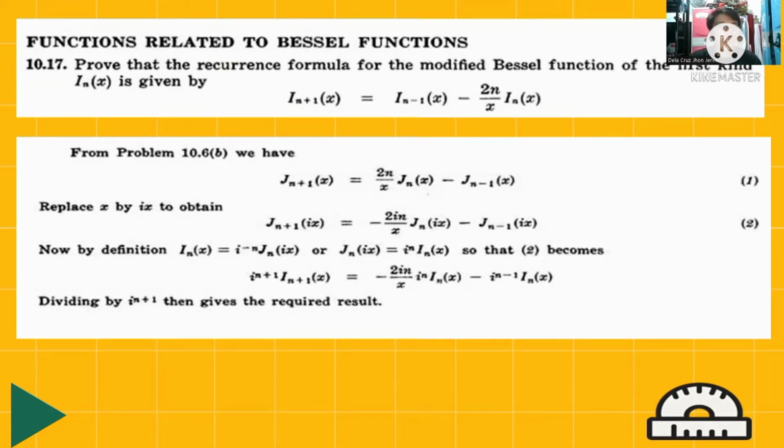Now, by the definition, I_n(x) equals i^(−n) J_n(ix), or J_n(ix) equals i^n I_n(x). So equation 2 becomes i^(n+1) I_{n+1}(x) equals negative 2in/x i^n I_n(x) minus i^(n−1) I_{n−1}(x).